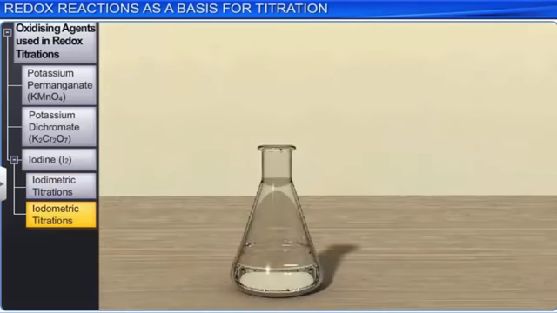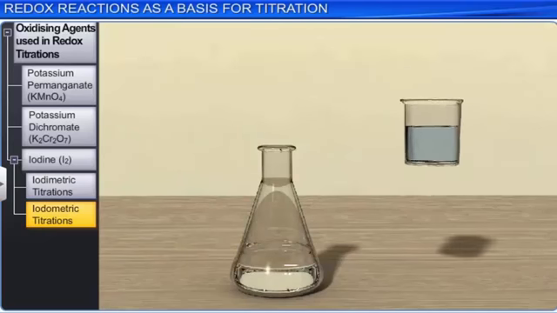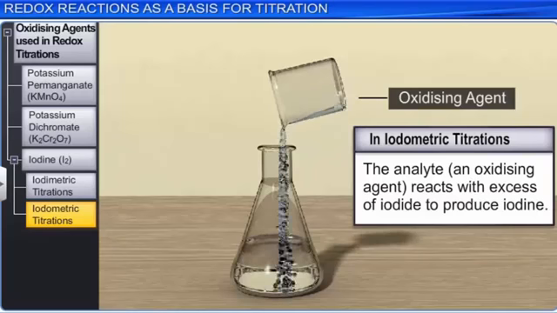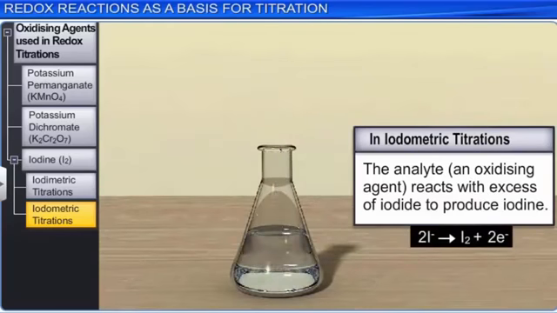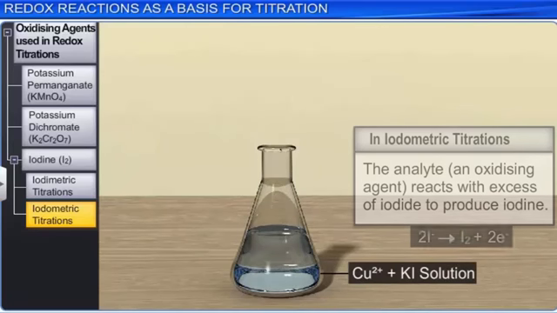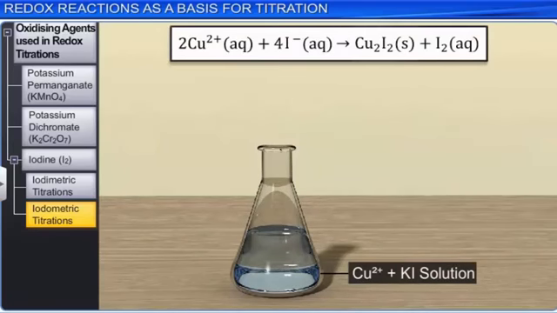Iodometric titrations, on the other hand, involve the addition of an oxidizing agent to excess iodide ions to produce iodine, which is then titrated with standard thiosulfate solution. For example, in the estimation of Cu+2 ions, iodine is liberated by oxidizing iodide ions from potassium iodide.